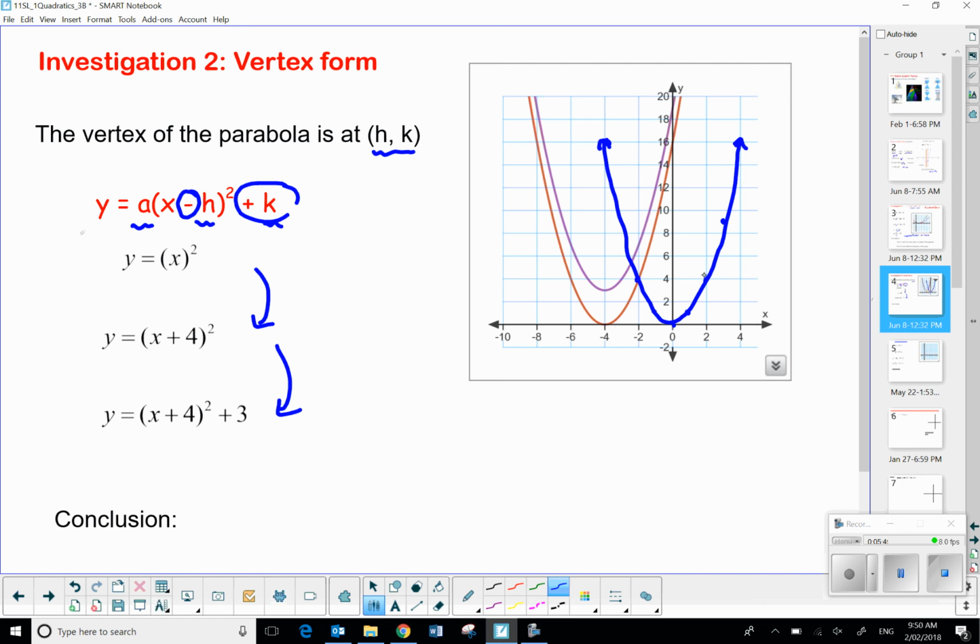It's still the same shape, but in the first case we've done a shift left, and we'll do more of this in another chapter later. And then we've got a shift up. So our vertex has moved from 0, 0 across to here, and then up to here. You'll be investigating that, and again, the effect of the a value.